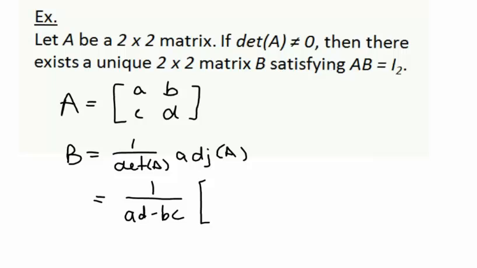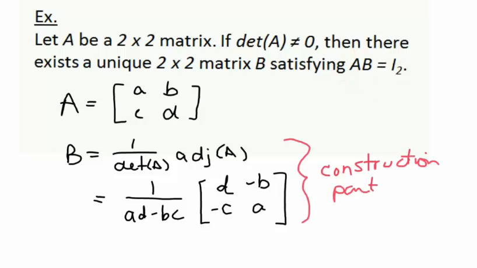And the adjoint of A is formed by switching the values on the main diagonal. So a and d get switched, and then negating our other two entries, so negative b and negative c. So I have a feeling that this matrix B here is going to be this matrix that's going to satisfy the particular property that we're looking at up here.